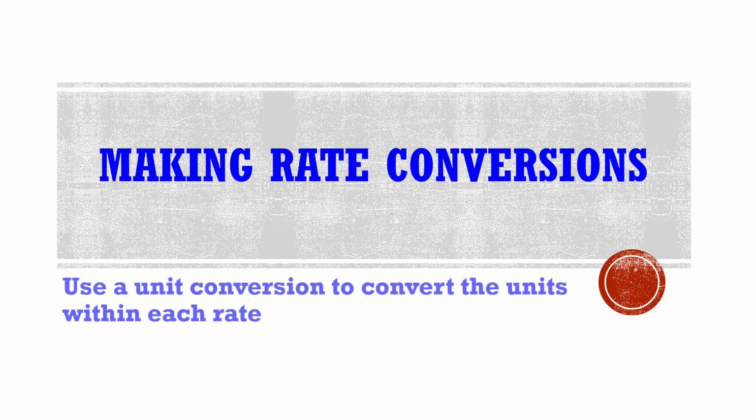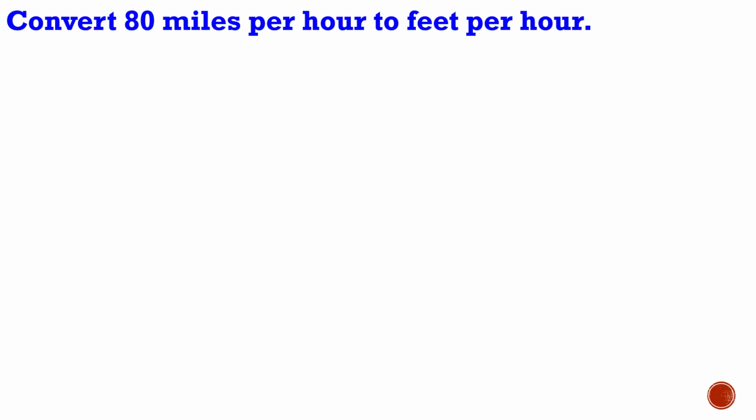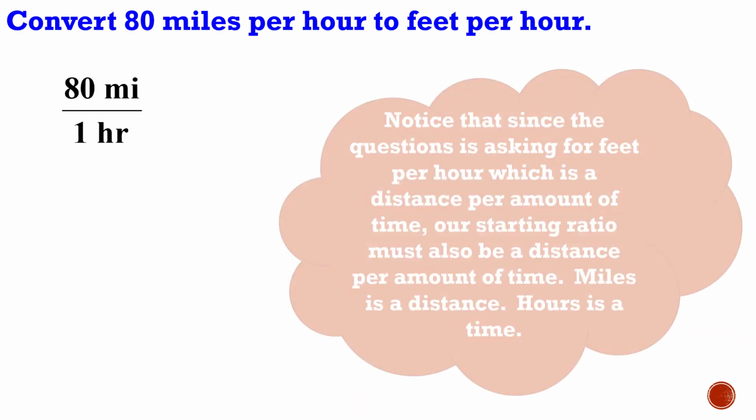So let's make a rate of conversion. Similar idea, slightly different application. We want to convert 80 miles per hour to feet per hour. So we're starting with 80 miles per hour. A couple of things that we want to realize.